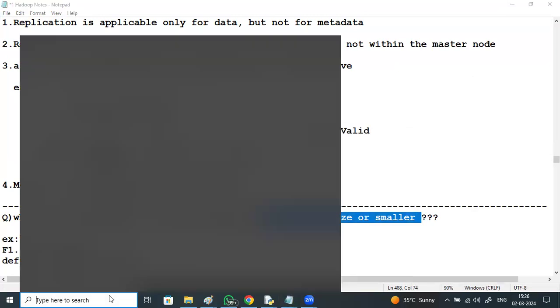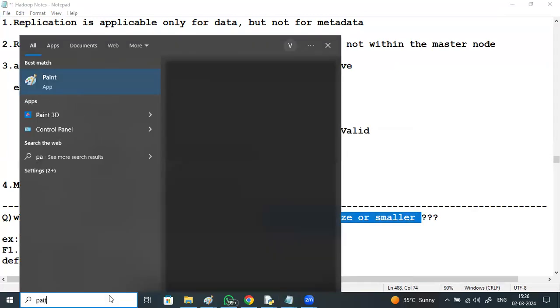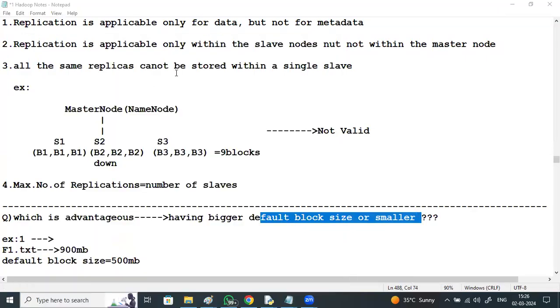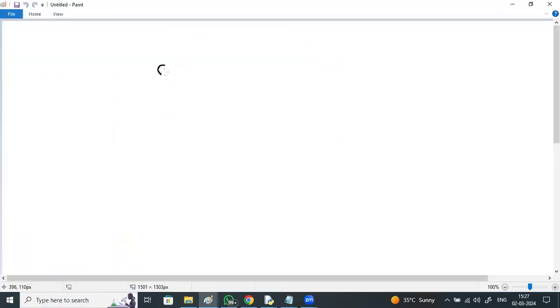So besides the default block size, we can also configure our own block size. Which is advantageous, bigger block size or smaller block size? I want sessions to be interactive, right? Everyone try to respond.